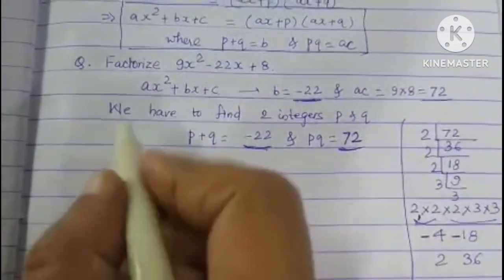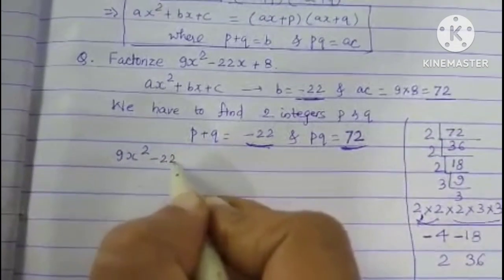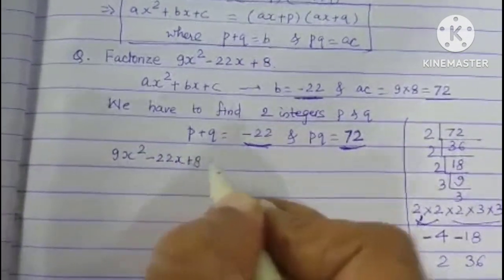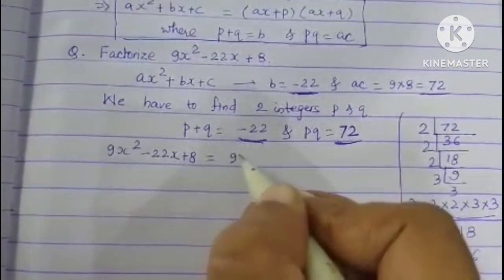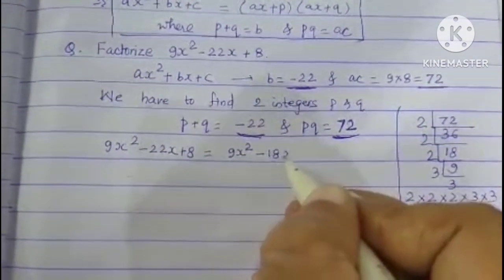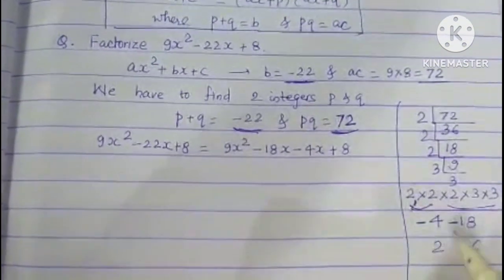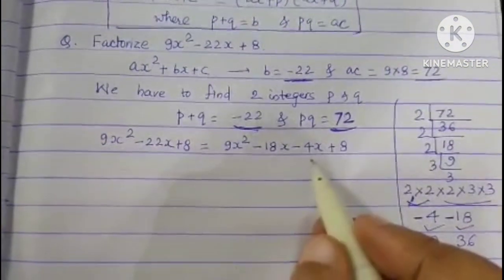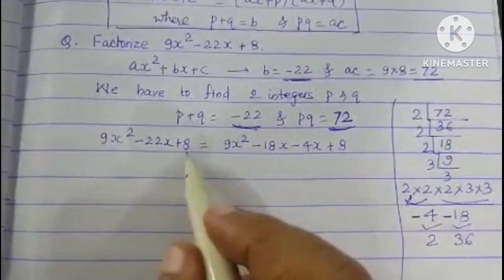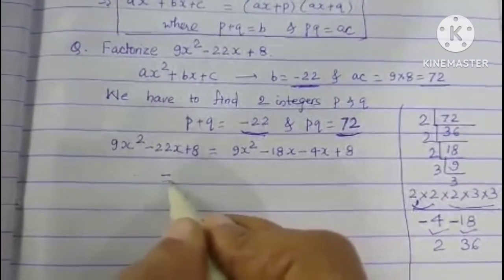So we can write 9x square minus 22x plus 8 is equal to 9x square minus 18x minus 4x plus 8. This way it will be easier for us.